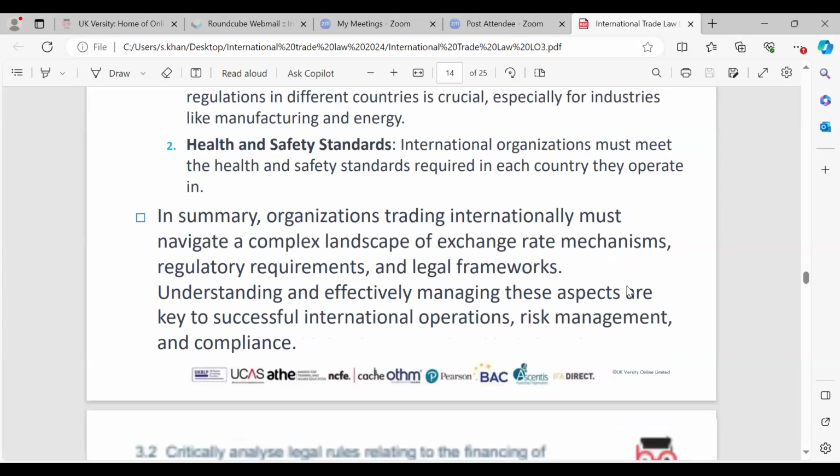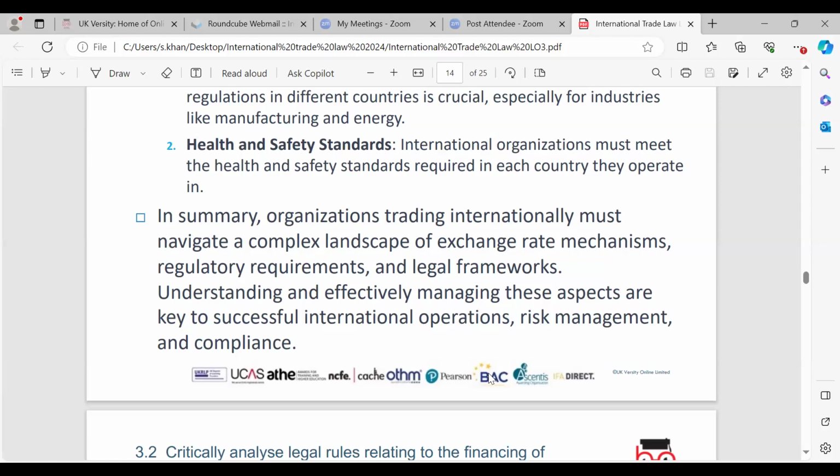In summary, organizations trading internationally must navigate a complex landscape of exchange rate mechanisms, regulatory requirements, and legal frameworks. Understanding and effectively managing these aspects are key to successful international operations, risk management, and compliance.